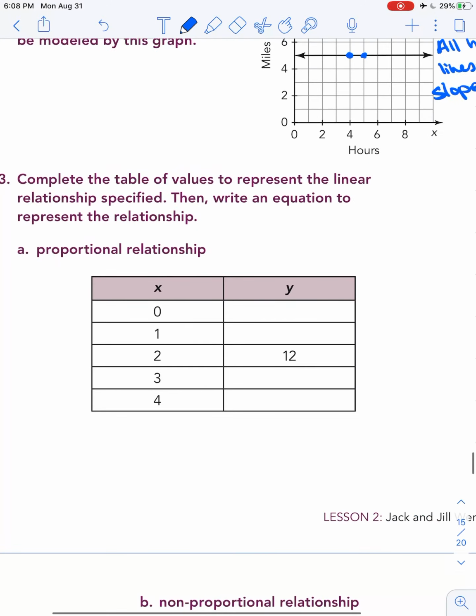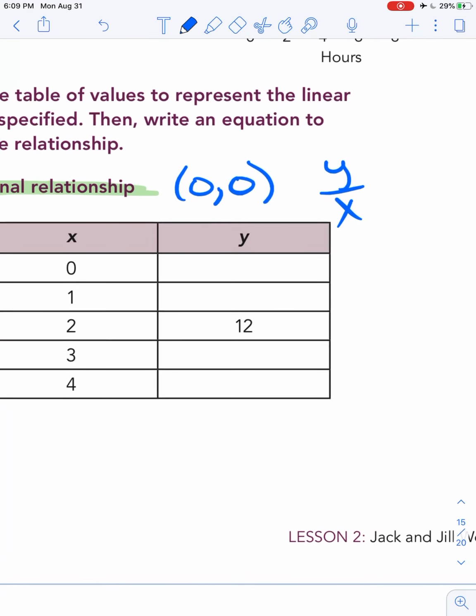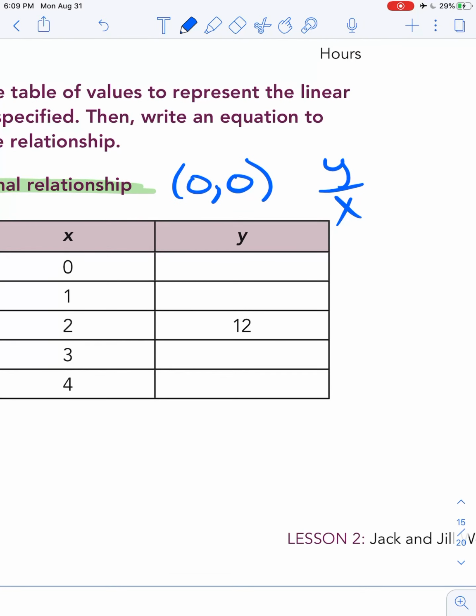Now down here, we need to fill in this box. It tells us it's proportional. Proportional means that it has to go through 0, 0, and y over x has to be the same every single time, except for the 0 over 0, that'll never work.